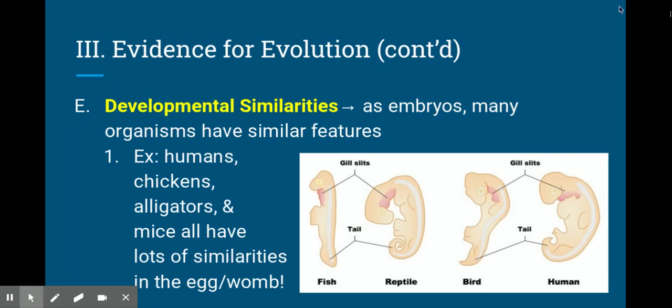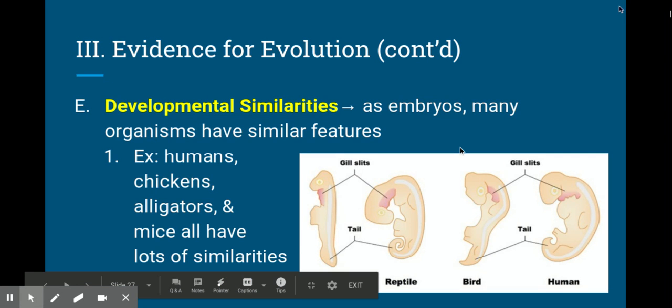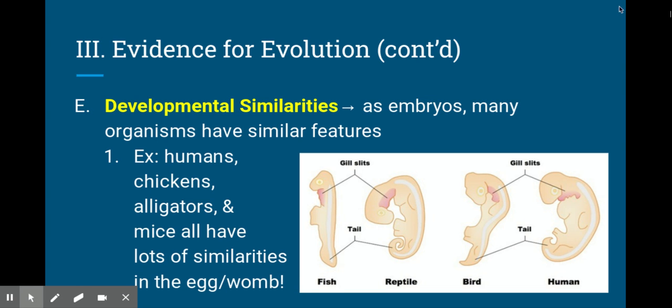Developmental similarities just means that as embryos, so either in the egg or in the womb, organisms have a lot of really similar structures. This is a really interesting graphic, I think, that shows how similar different organisms are. It's a fish, a reptile, a bird, and a human. And you can see that in the womb or in the egg, all of these organisms look really, really similar.